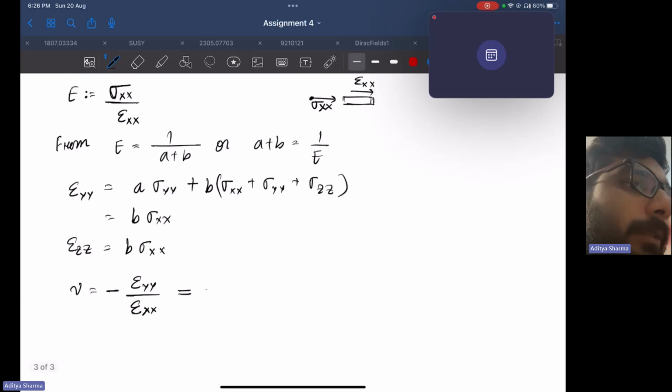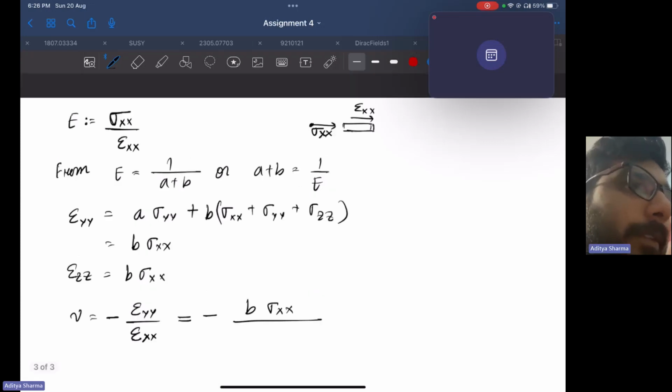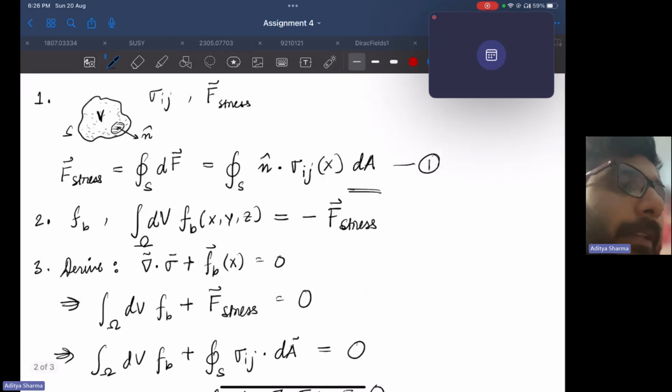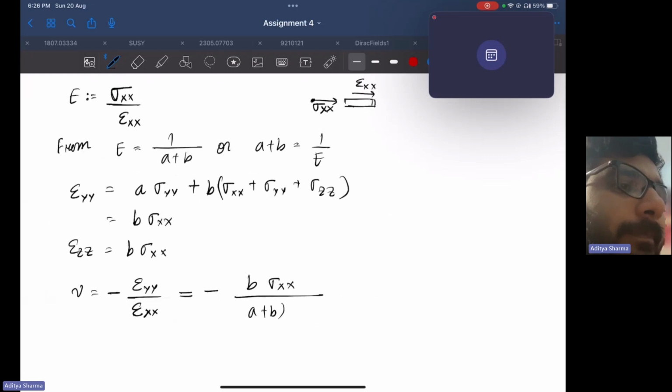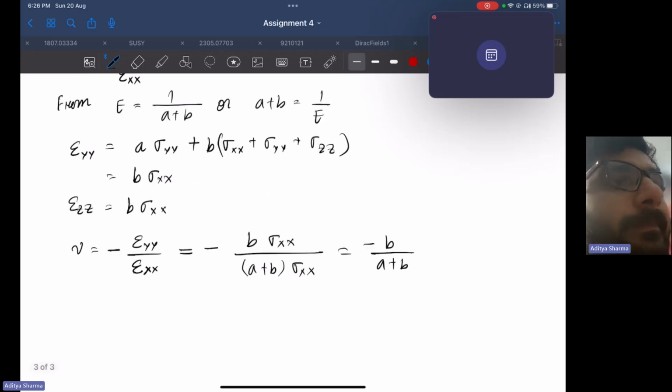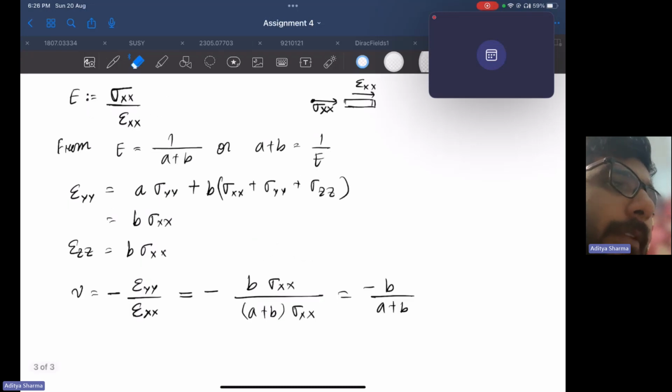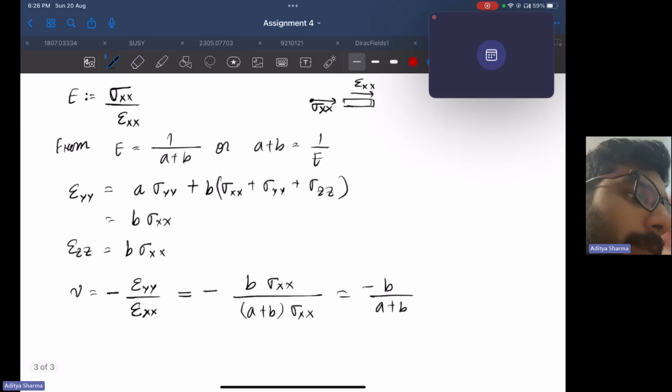So from here we'll find b sigma xx by epsilon xx. Epsilon xx is just a plus b sigma xx. This is equal to minus b by a plus b, and a plus b is just E. So we will get mu is equal to minus bE.